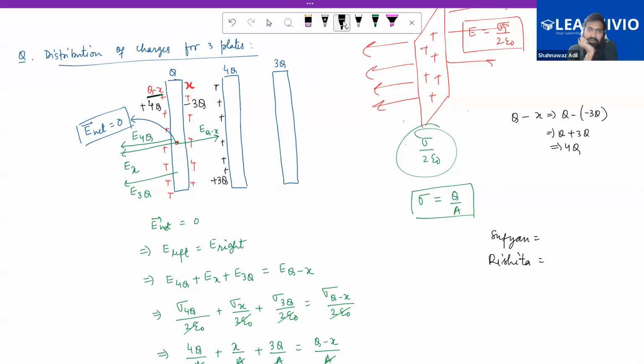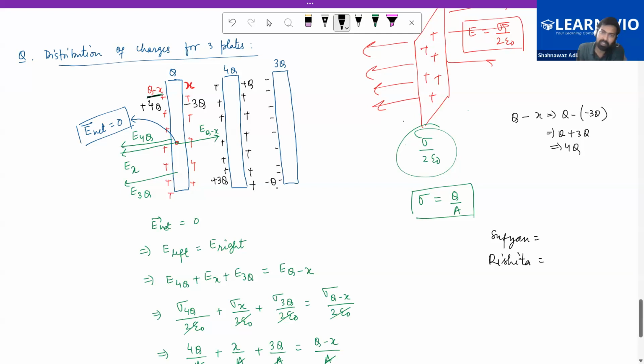What would be the charge on this side? Total charge is already at the top. So what would be the charge on the right-hand side? The total is 4Q, 3Q we have taken, so this would be Q. This is Q. Now this side will also have opposite to that.